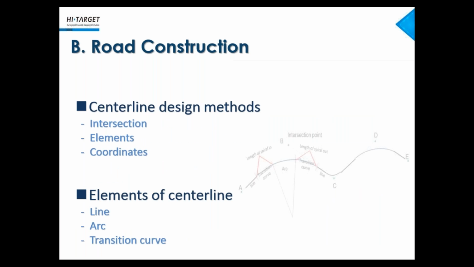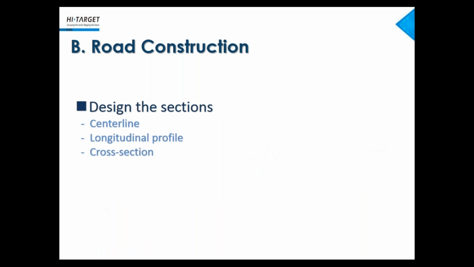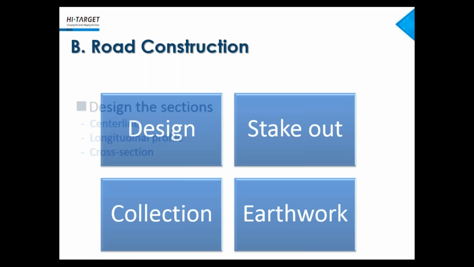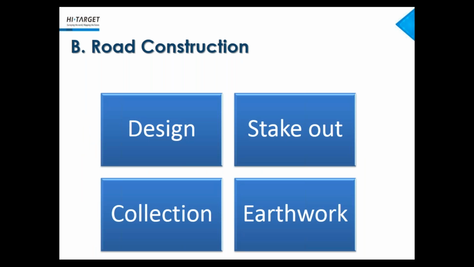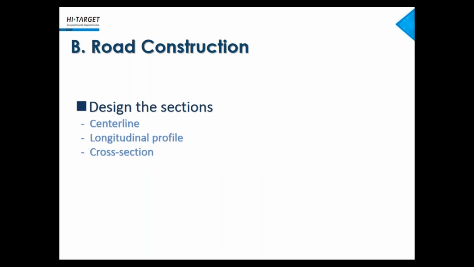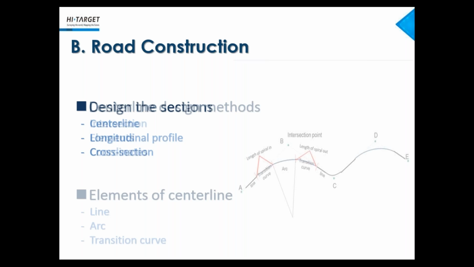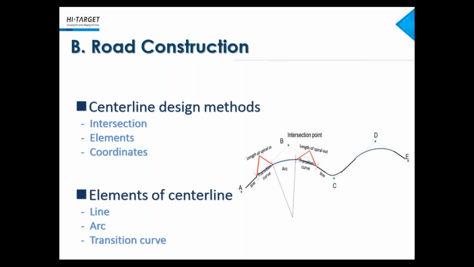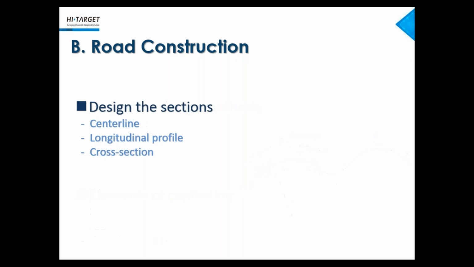What we need to design is the center line, the profile, and the cross section. With the help of the profile and cross section, the app can calculate. So this is the base for the app. Then you do the cross section stakeout for the real situation. Then it will make a comparison between the effect that you want to get and the current status.